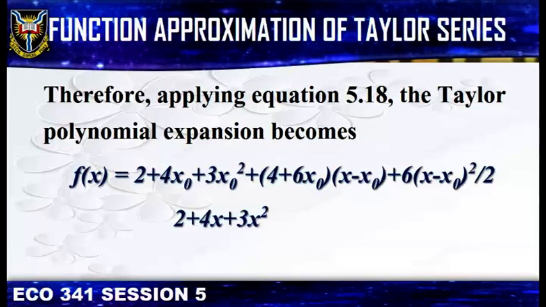Therefore, applying equation 5.18, the Taylor polynomial expansion becomes f(x) equal to 2 plus 4x₀ plus 3x₀² plus (4 plus 6x₀)(x − x₀) plus 6(x − x₀)²/2, which is equal to 2 plus 4x plus 3x².